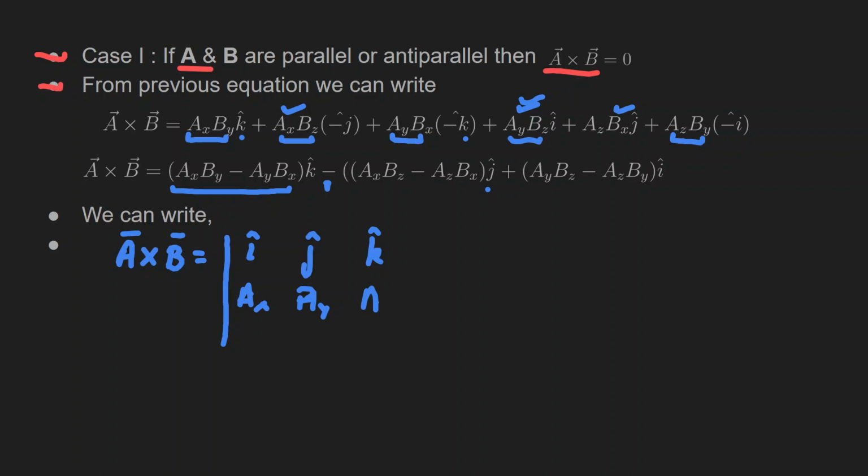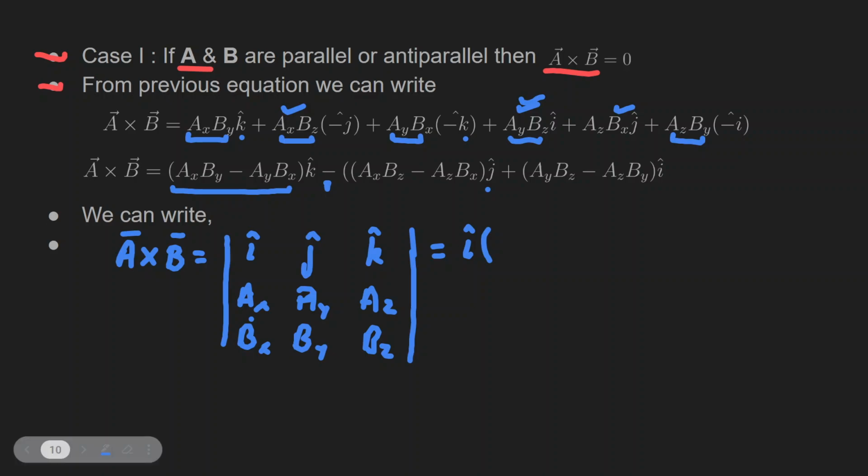Now what we do is we hide this row and column and multiply the remaining. So AY into BZ minus, after multiplying these two we have to put the minus and multiply these two, so it is AZ BY.